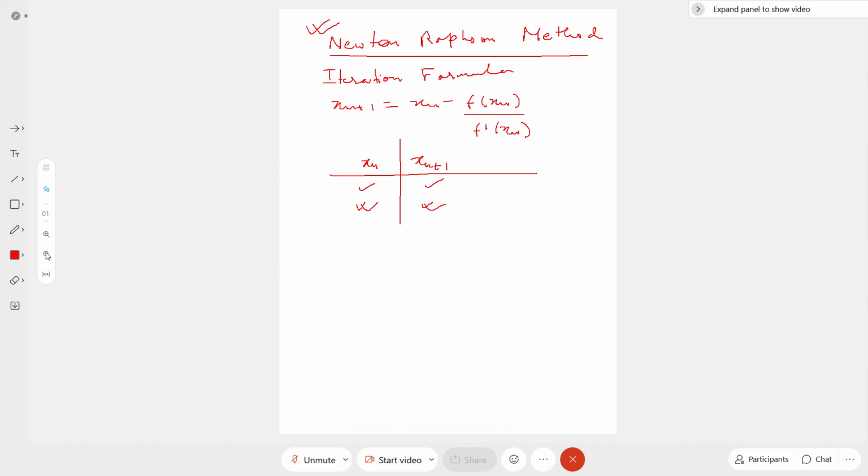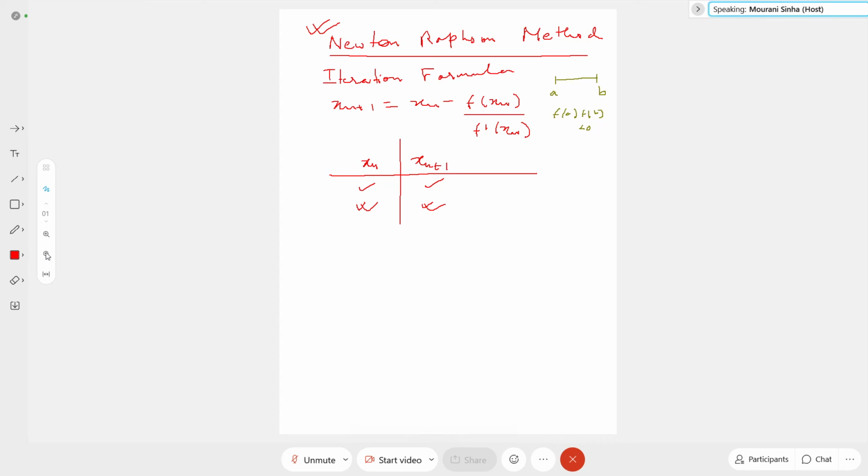Okay. And the root lies between a and b. That part remains the same. That the root lies between a and b. Okay. Therefore, f(a) into f(b) should be negative, or the other way around.